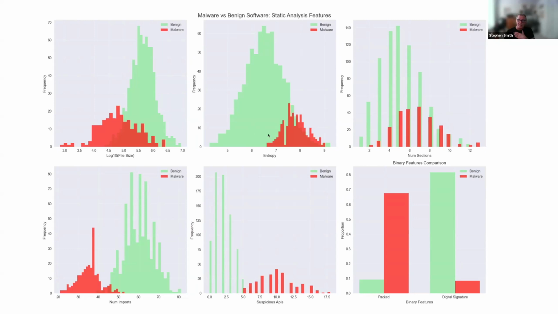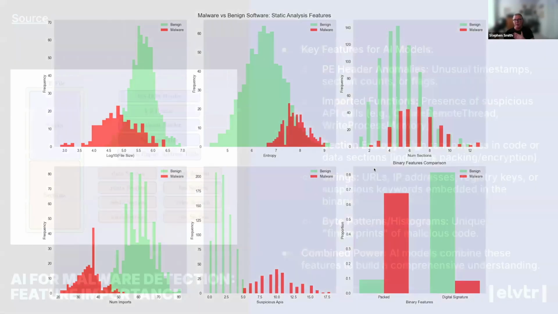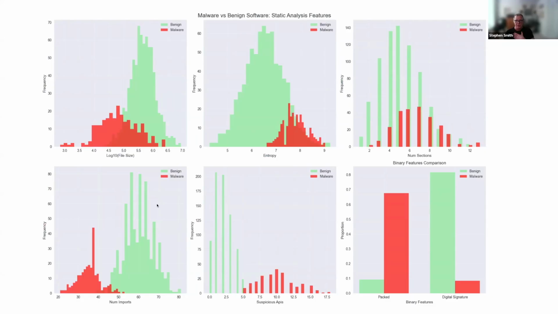We just talked about entropy. Malware, just looking at the visual, has higher entropy than benign samples. So there's another feature that ML has found for us. Number of sections: you can see that typically benign software has a higher number of sections than malware. So there's a third characteristic. Same thing with number of imports.